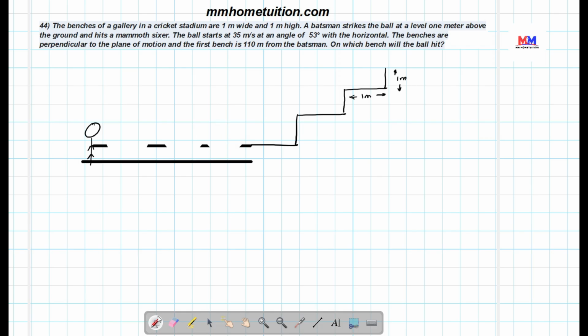So this is 1 meter. The batsman strikes a ball 1 meter above the ground, and it reaches some point on the stadium and strikes on a bench. That bench is to be calculated.